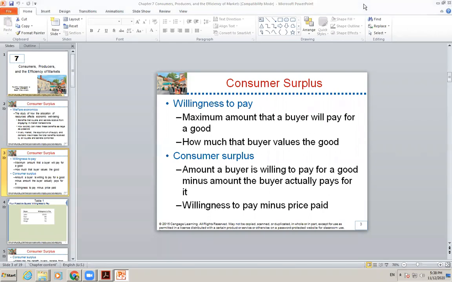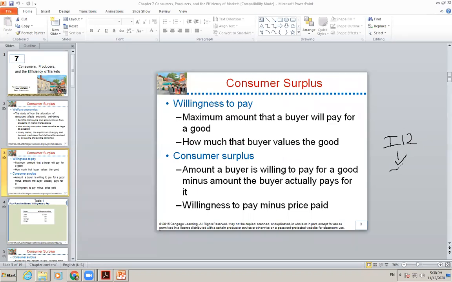I can give you an example: you want to buy an iPhone 12, okay? The price of the iPhone 12, maybe we can say, is $1,500 in the market. So the maximum that you're willing to pay for the iPhone 12 is $1,500.